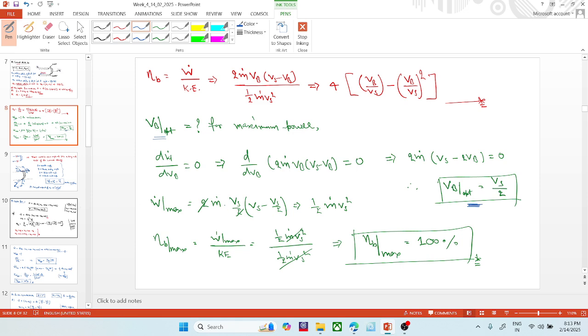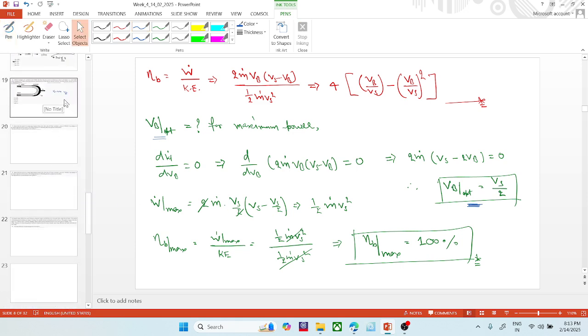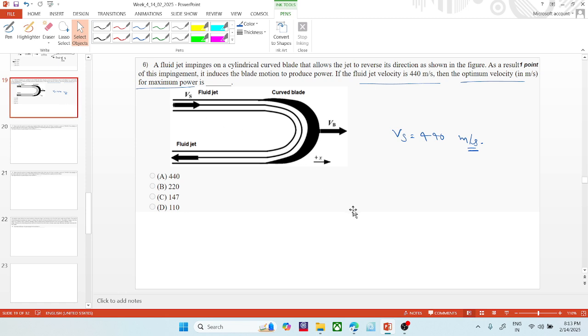So we just have to apply this conclusion. Vb optimum is equal to Vs by 2, which is 440 by 2. It is 220 meter per second. Okay, so option B would be correct here.